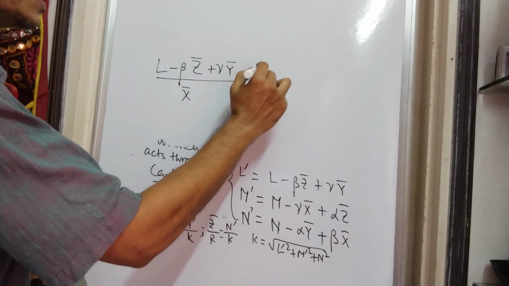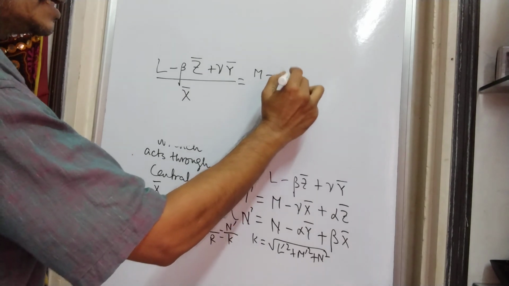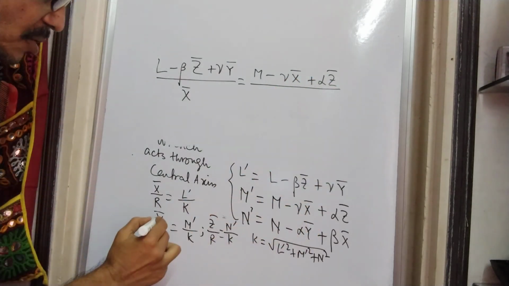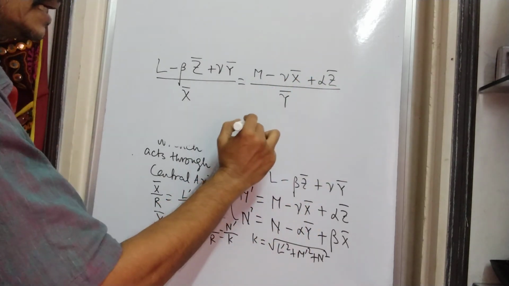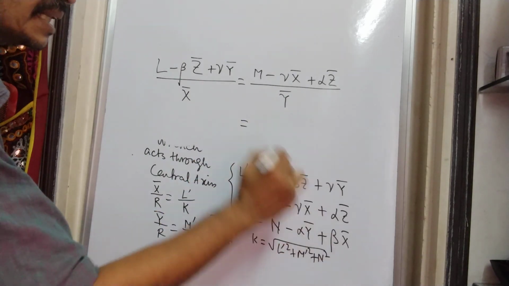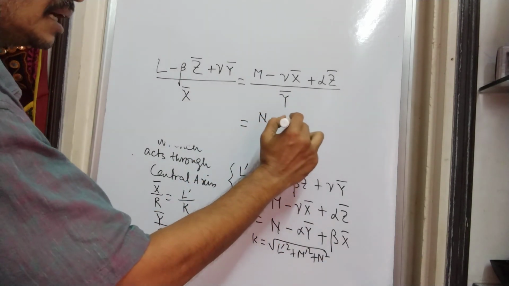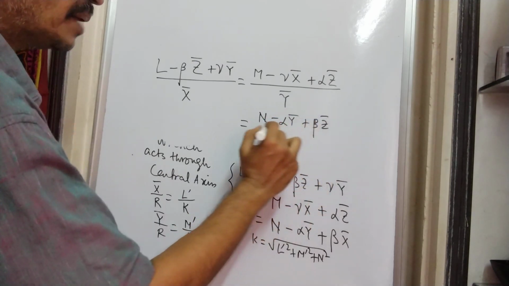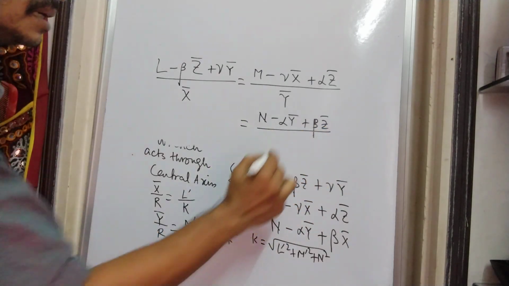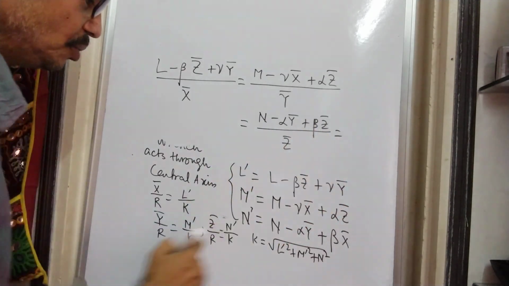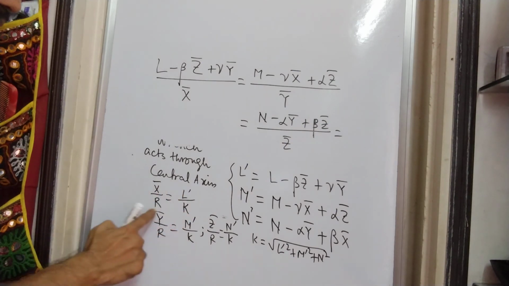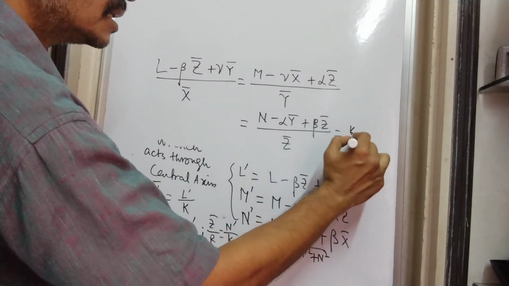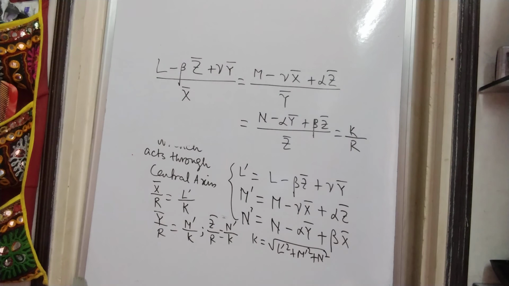M prime is M minus gamma X bar plus alpha Z bar by Y bar here, and here we have N prime by Z bar. N prime is nothing but N minus alpha Y bar plus beta X bar by Z bar, and they are all equal: L prime by X bar is equal to k by R, M prime by Y bar is equal to k by R, and N prime by Z bar is equal to k by R. So they are all equal to k by R.